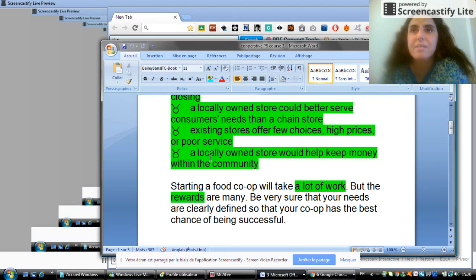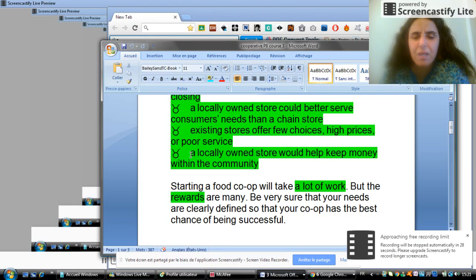And like that, they will manage to make a lot of money, to build a lot of capital that would make their community better than any other community in the same city or in the same country. Now, this is another element: a locally owned store would help keep money within the community.